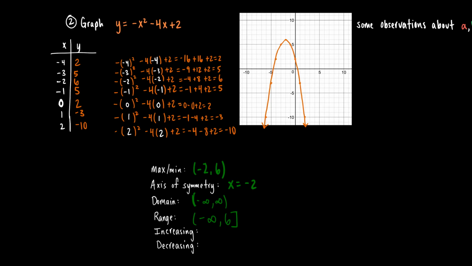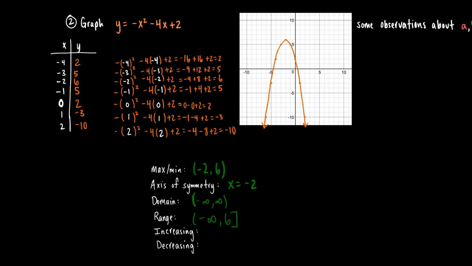So what we're going to say is, if we're just looking at the x values, I'm going to say that we are increasing for this entire green area right here. Any x value you pick over here, if you're following the function along, even all the way down here, you're going to be increasing until you hit right here at -2.